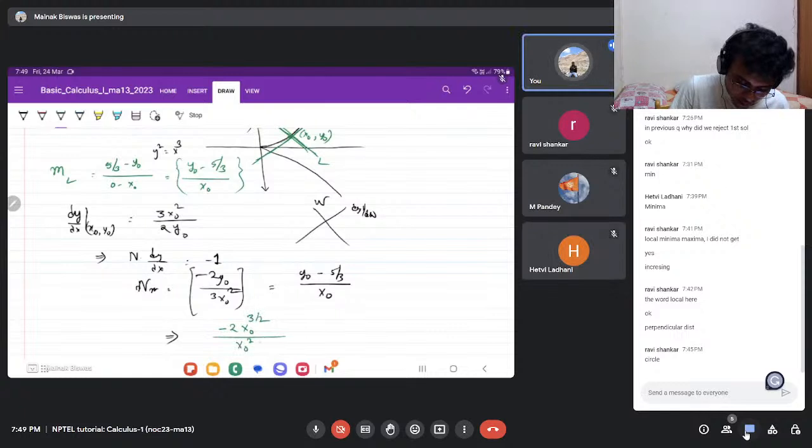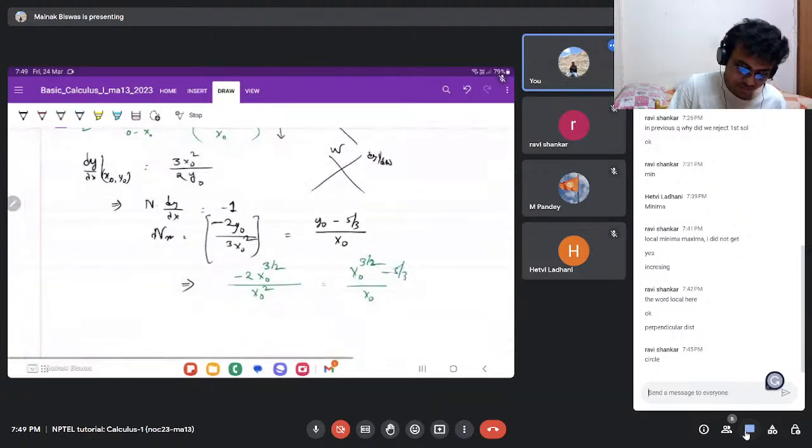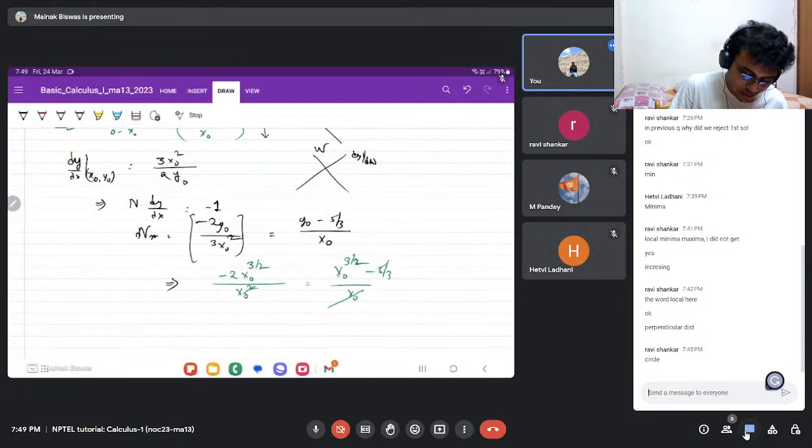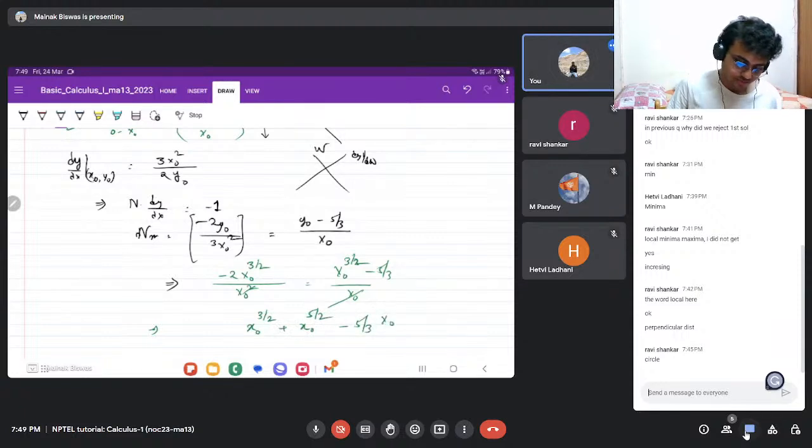By x naught squared. You have x naught to the power 3 by 2 minus 5 by 3. So if I multiply it that side, I get x naught to the power 3 by 2 plus x naught to the power 5 by 2 minus 5 by 3 x naught, is equal to 0.